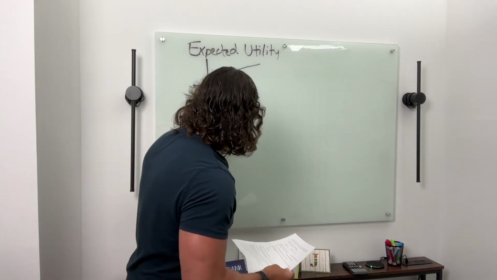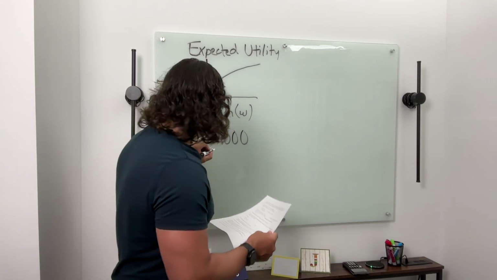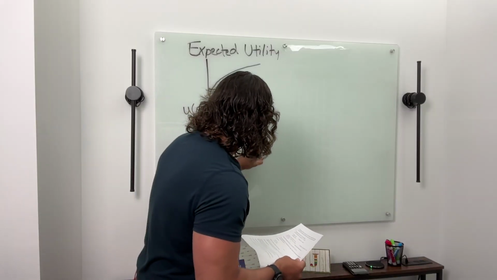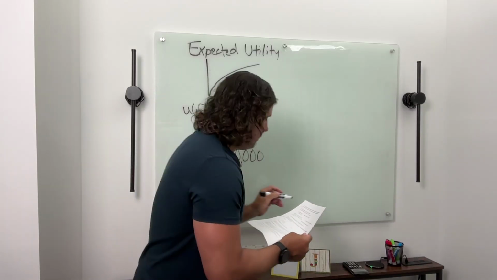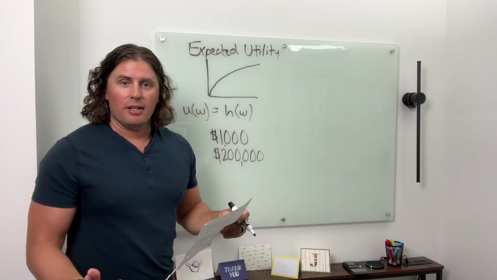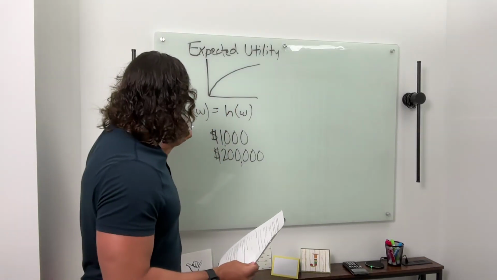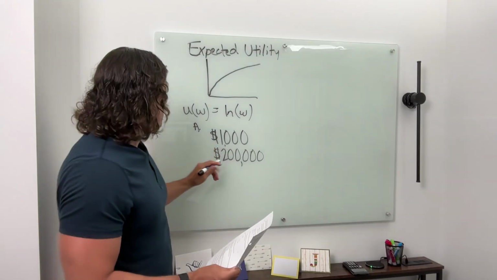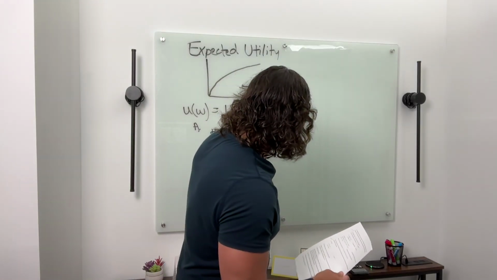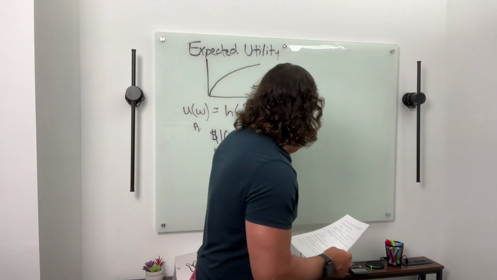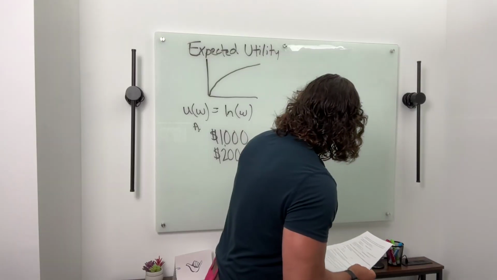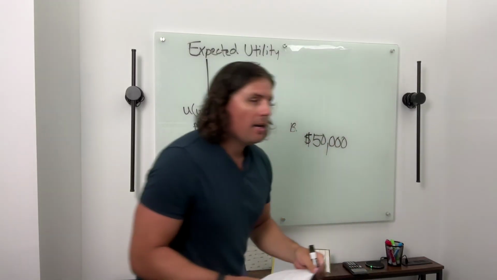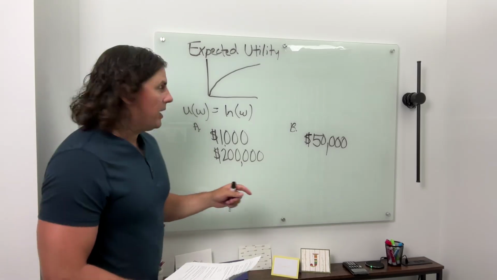One has $1,000, and the other one has $200,000. The bank calls and gives us an offer. So this is option A. This is our deal, this is our no deal, and our deal from the bank is $50,000. Bank offers $50,000. So now we have a decision to make.